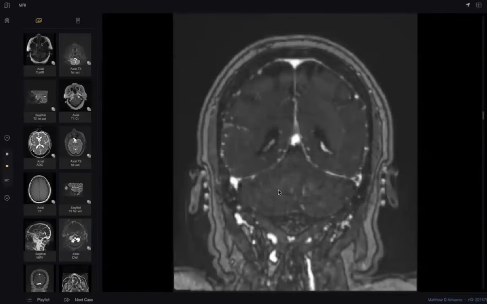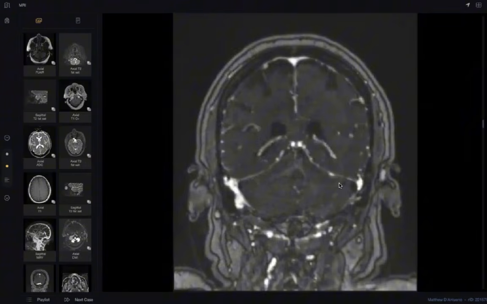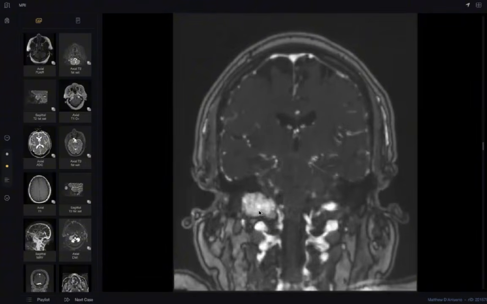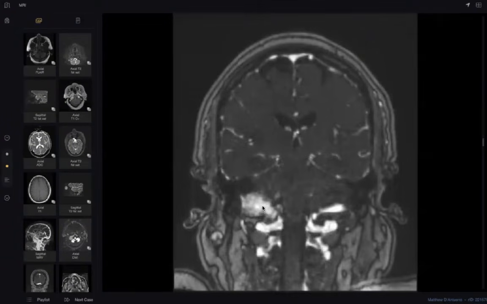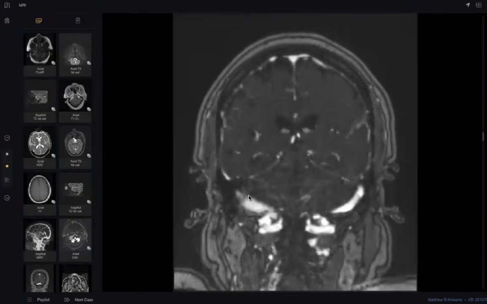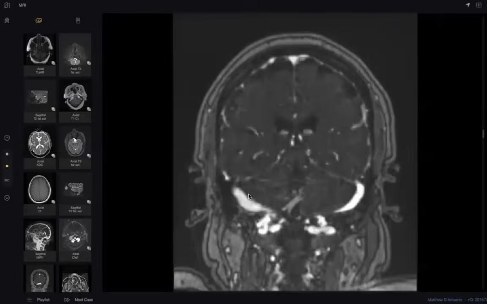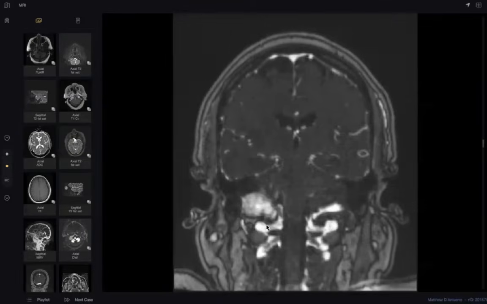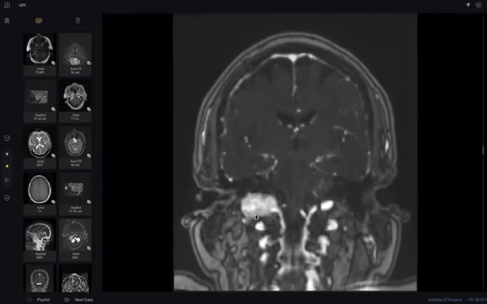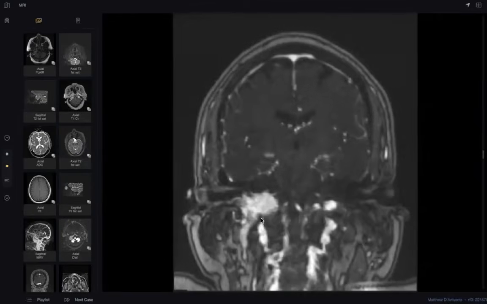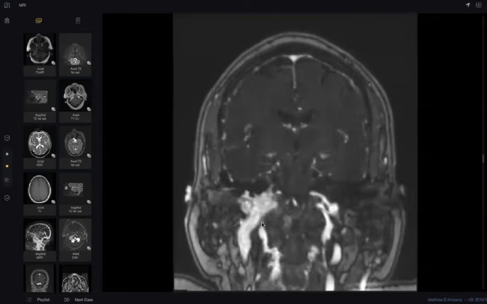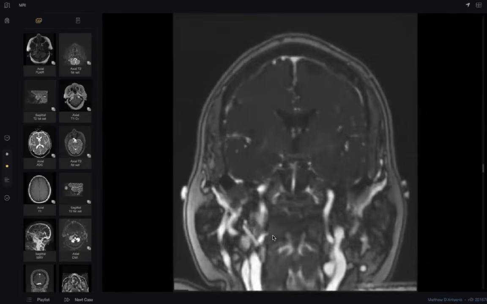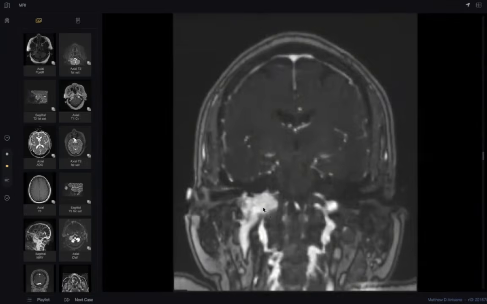I again can see the expansion of the jugular sinus at this area. So this again confirms a finding of jugular sinus paraganglioma.